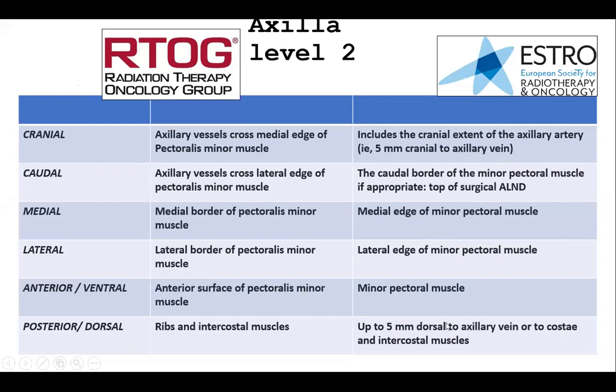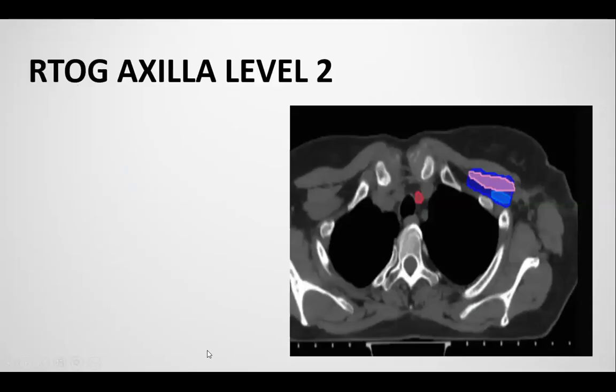The same margin is used, and they contour till 5 mm dorsal to this axillary vein. Sometimes it may include the intercostal and costal muscles, whereas it is completely excluded in the RTOG. It is an almost insignificant difference between both the guidelines.